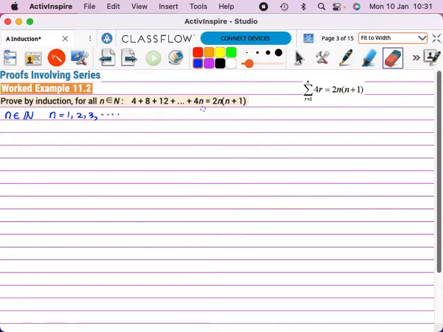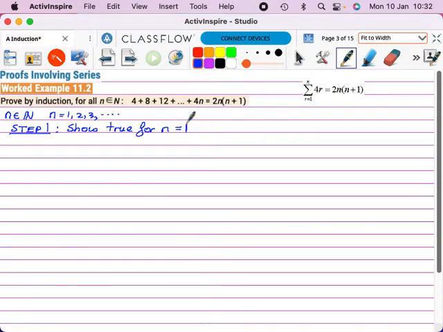Now, let's look at the proof. First of all, there are 4 steps to the inductive process, and you get marks for each step. And step 1 is the title that you have to employ, and you have to learn this language. And what it says here is show true for n equals, now you need to be careful, because in this example, n is equal to 1.